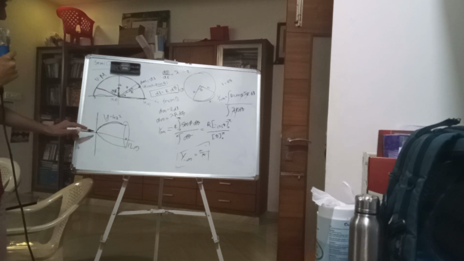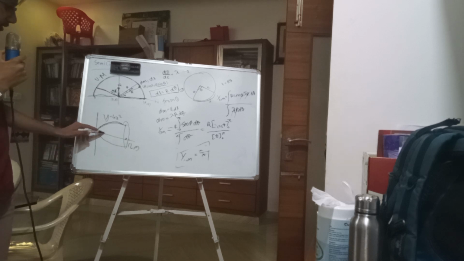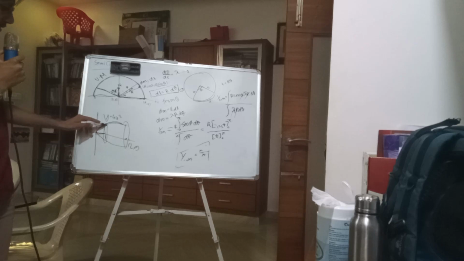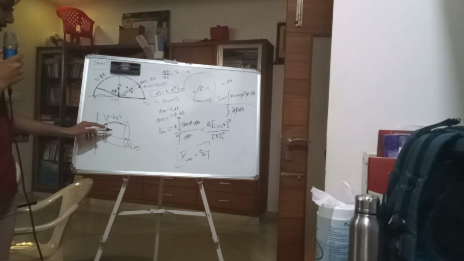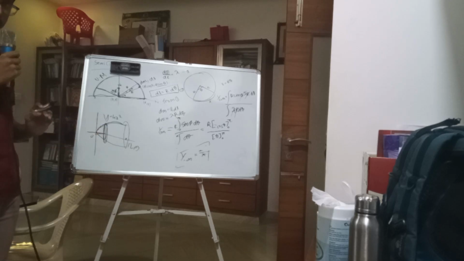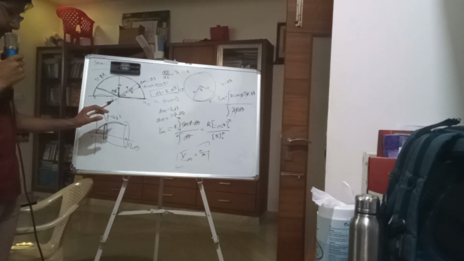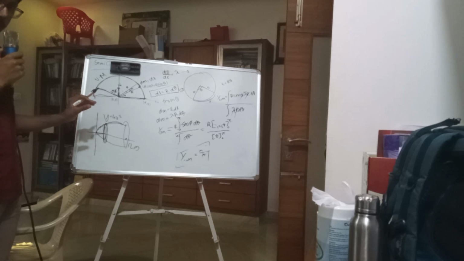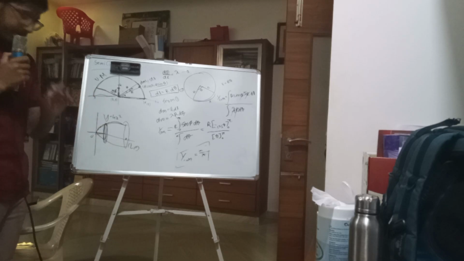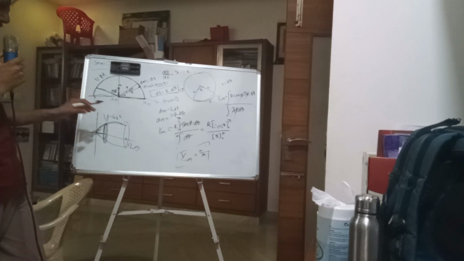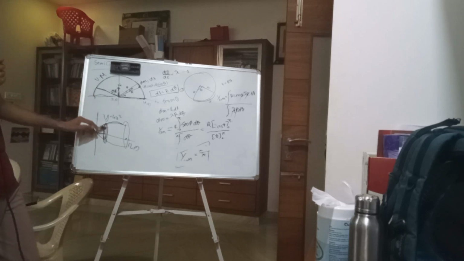Here what you need to do is go for a dl distance and take one circular disc. If this is hollow, then you need to take a circular ring. If it's a solid shape, then you need to take a circular disc.